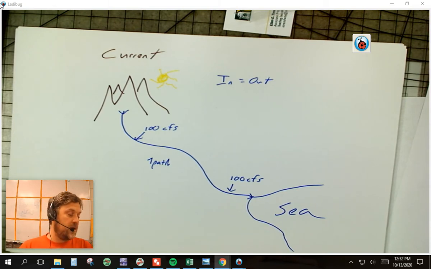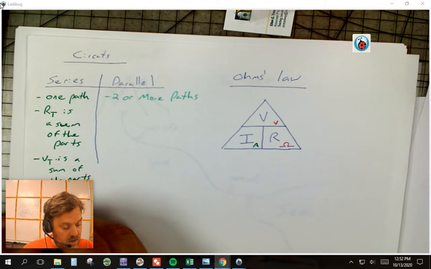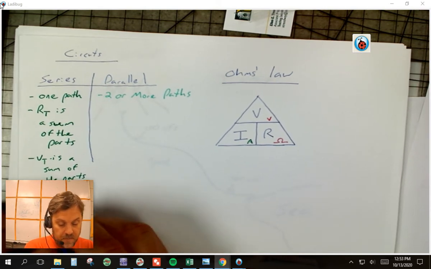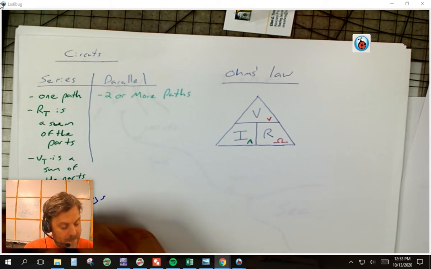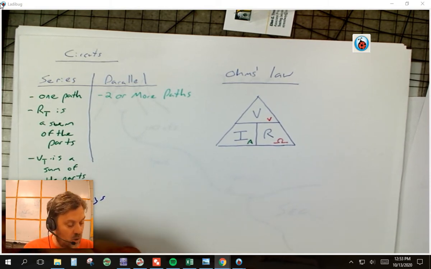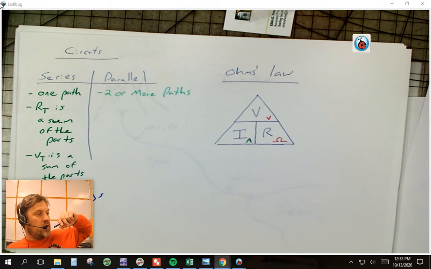So if we go back here to our series circuit, our total current is always the same because there's only one path. And so the same thing, if you think about that garden hose, if you go to the wall and you turn it on just a little bit, where maybe just a couple of drops are coming out the end of the garden hose, how many drops are going in at the wall?